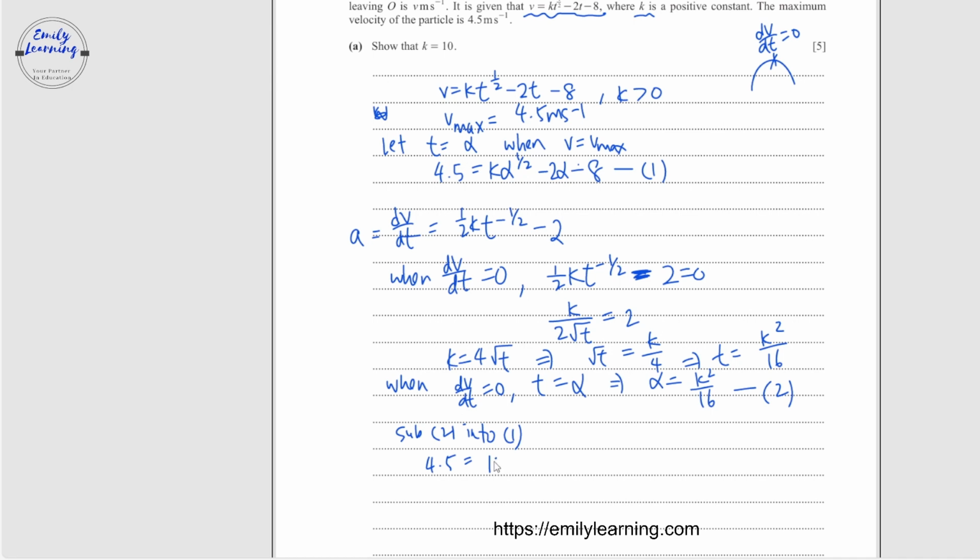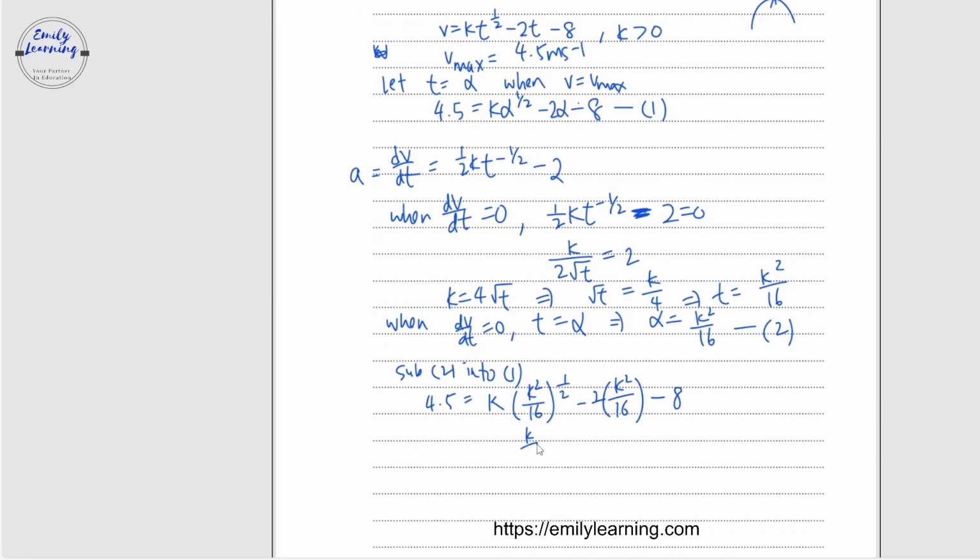So I have k times k squared over 16, to the power of half, minus 2 times k squared over 16, minus 8. The square root of k squared over 16 is k over 4, then times k, so I have 1/4 k squared.